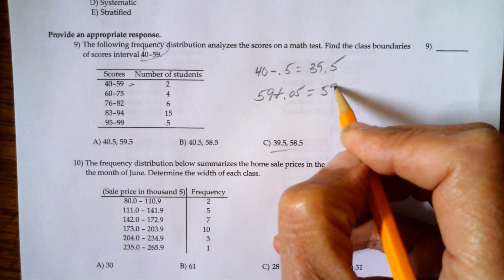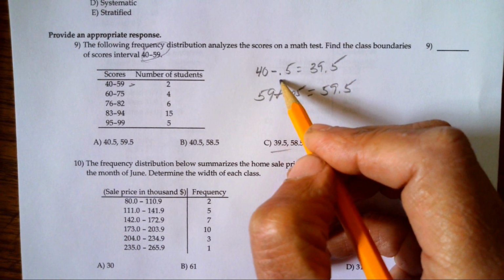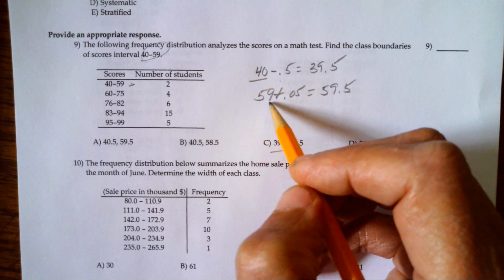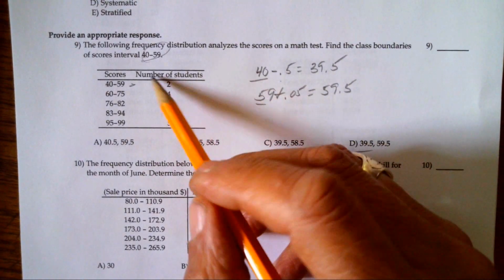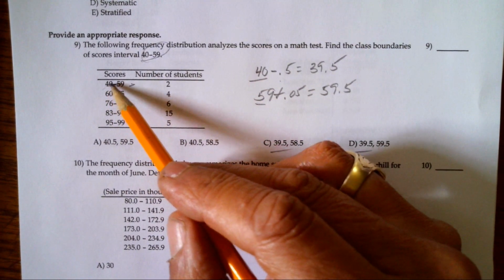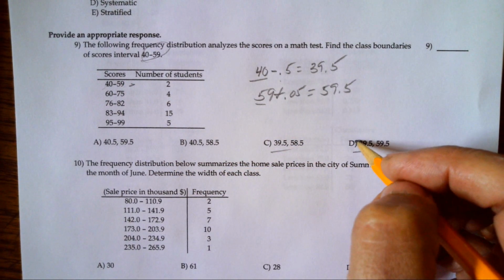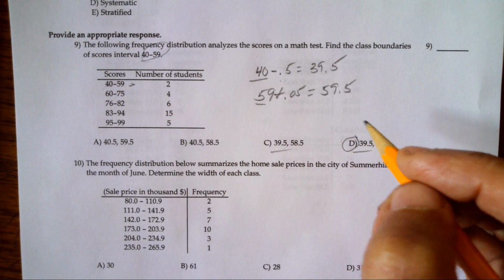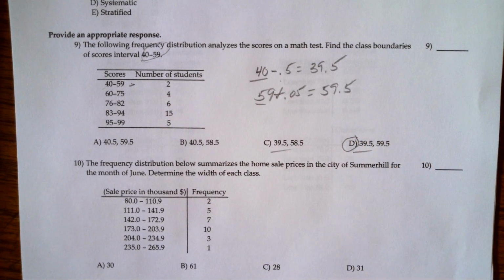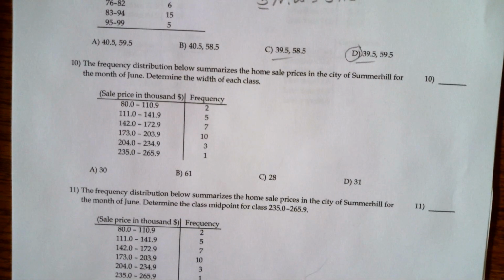So this is 59.5. Subtract 5/10 from the lower and add 5/10 to the upper. And we see that is letter D. Number 9, letter D. Subtract from the low, add to the high.